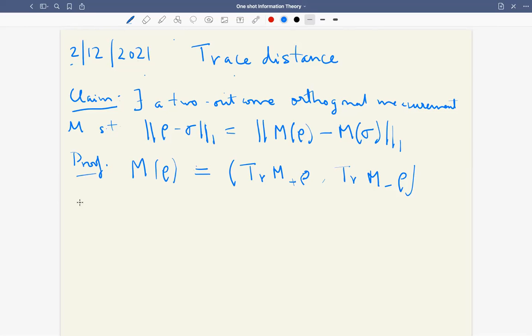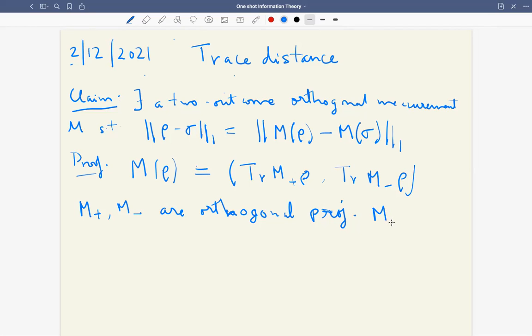So when I say orthogonal measurements, then I mean that M plus and M minus are orthogonal projections adding up to identity, because of the measurement elements. Orthogonal projections means the following.